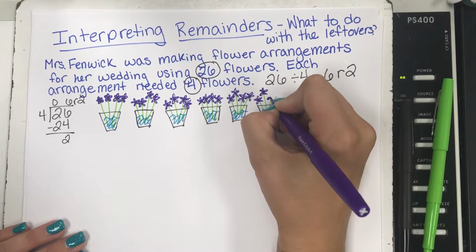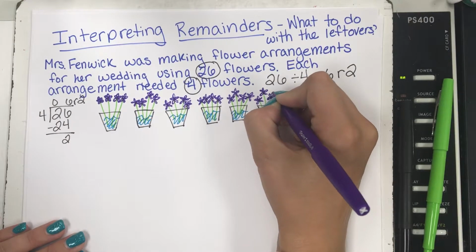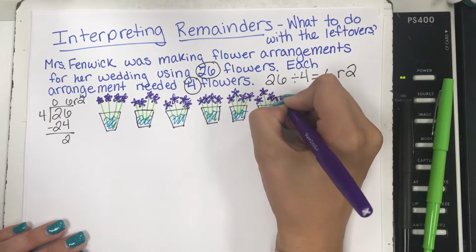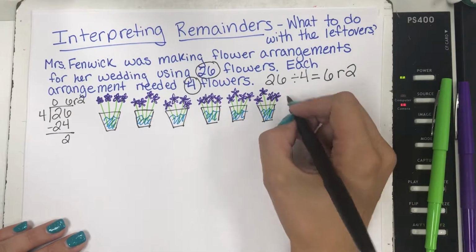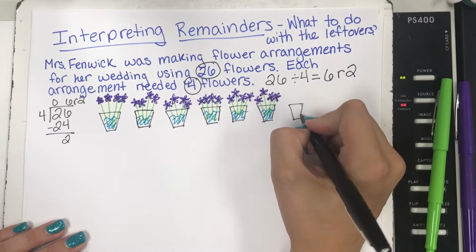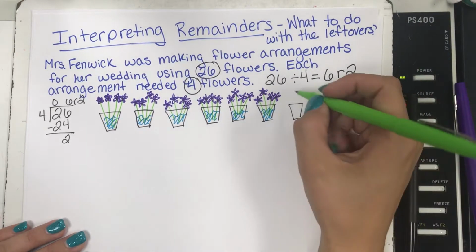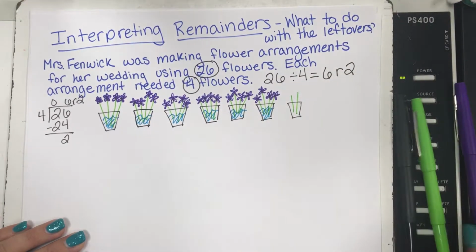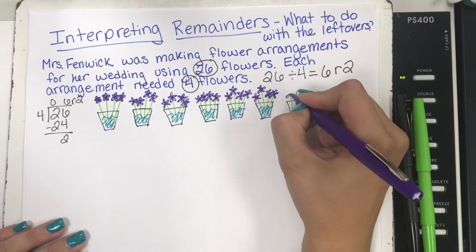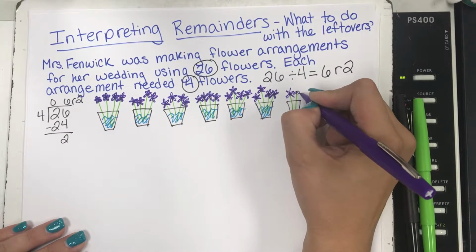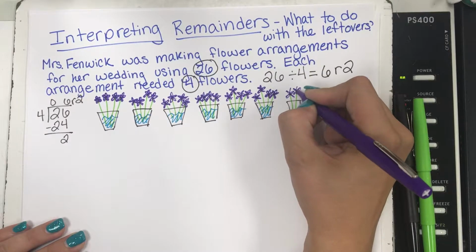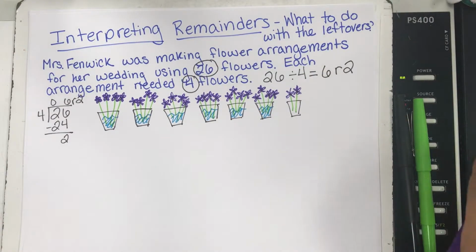I've used 24 of them. I only have 2 left, right? So I'm going to go ahead and draw this vase. But how many flowers go in it? There's only 2 in that one. Yep. It doesn't make a full arrangement. Okay?